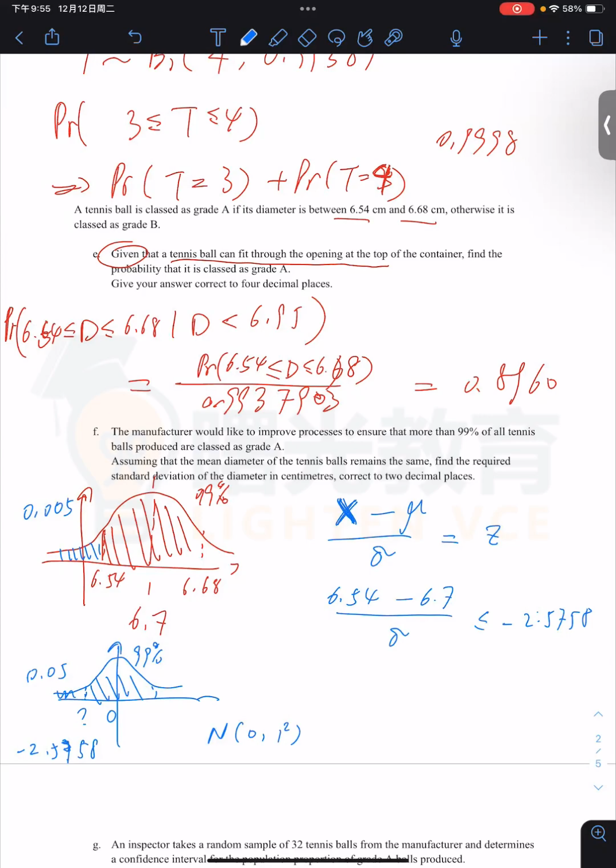Then the two-side area is less than 1%, right? Then the left boundary would go more left, and the right boundary would go more right.